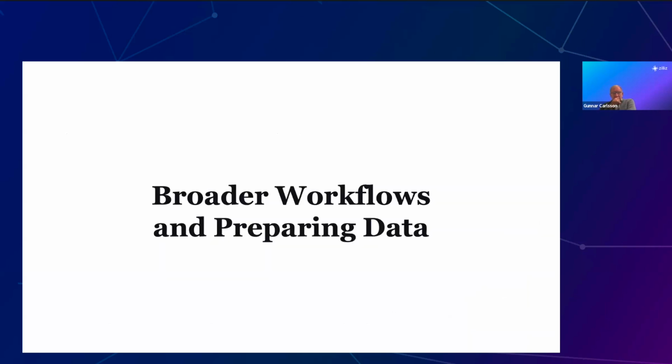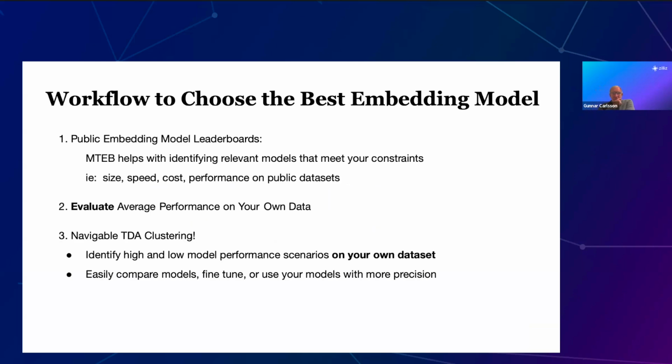We're going to go through some specifics about how this would work with the vector database as an ecosystem. So in terms of a workflow you might consider, you may start with some public leaderboards to get a sense of relevant models that are out there. That could help you to narrow down ones that meet your size and speed and cost constraints.